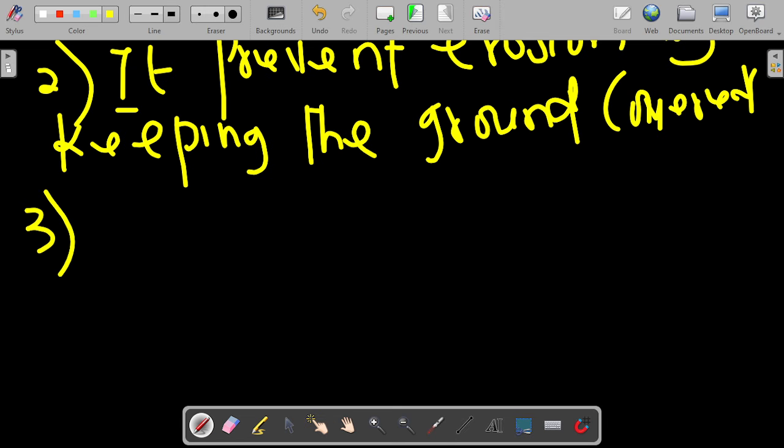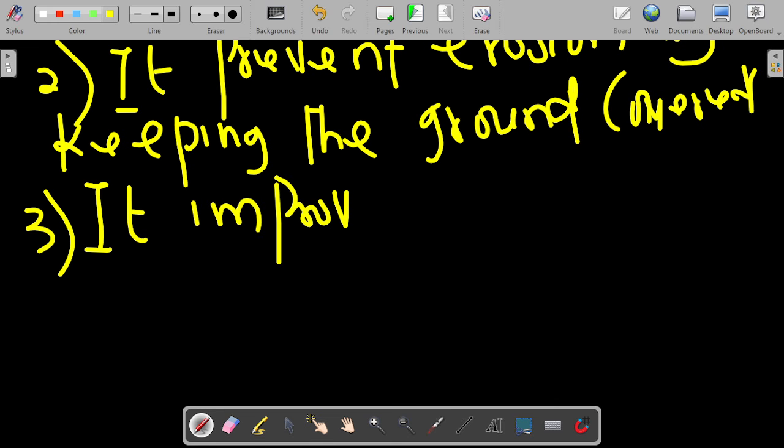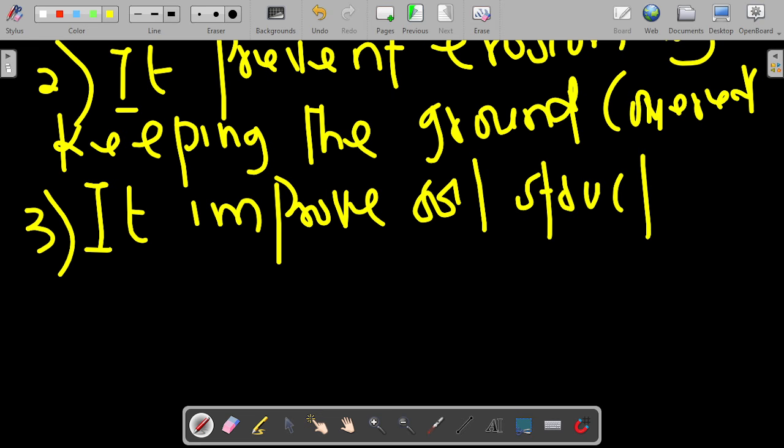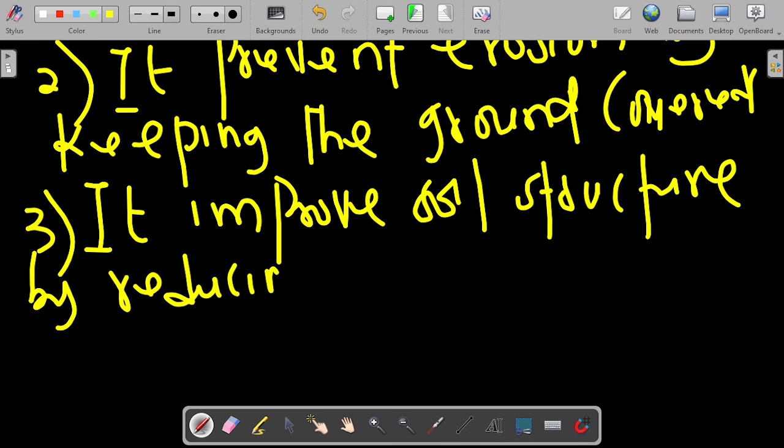Number 3, it improves soil structure by reducing mechanical disturbance.